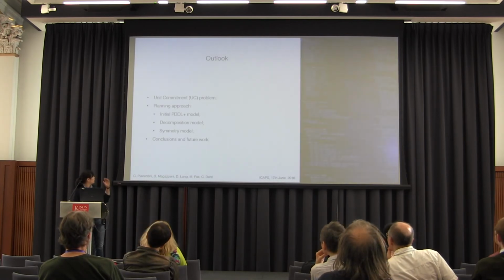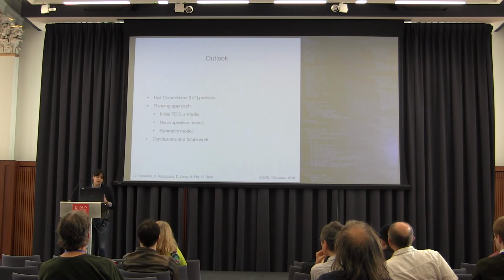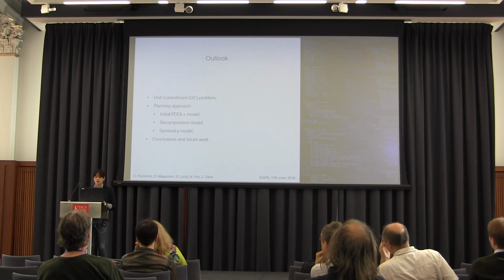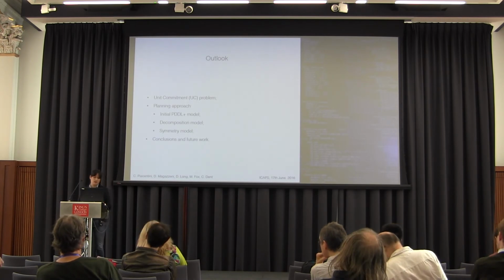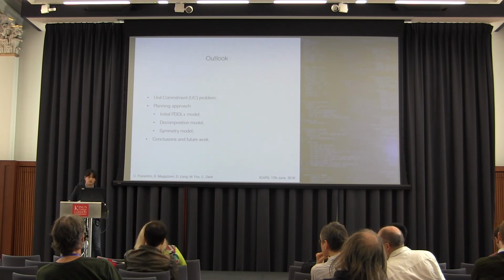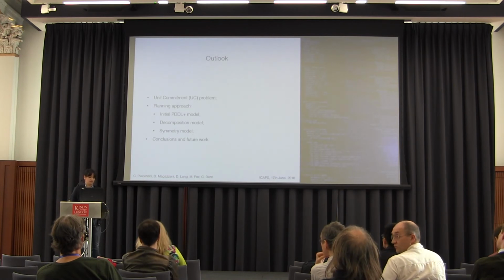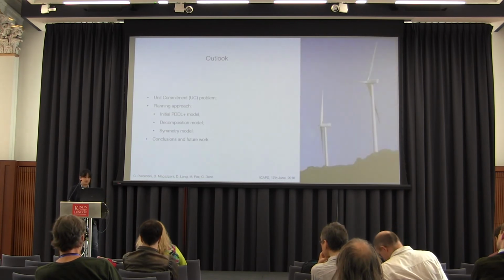In particular, I will talk about the PDDL+ model that we have developed, but it turned out that the planners that we had available weren't very scalable, so we had to use a decomposition to model the problem in subparts, and we also had to exploit some symmetry of the problem in order to boost the performance of the model. And finally, I'll give some future directions for this work.